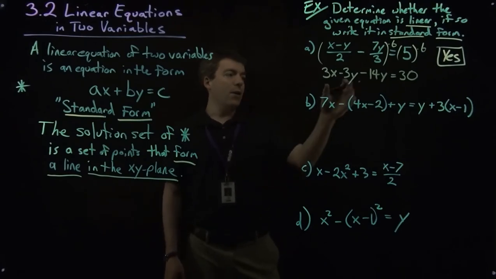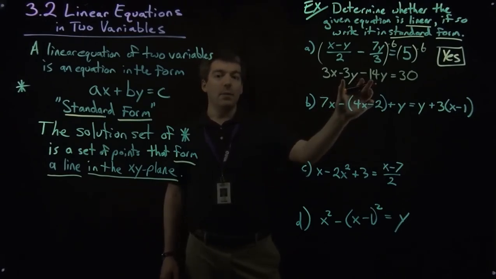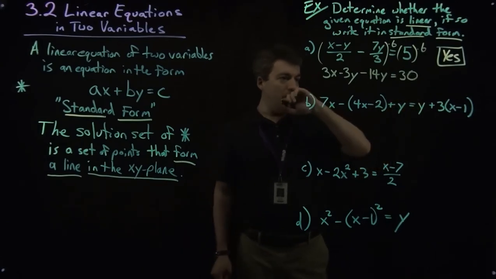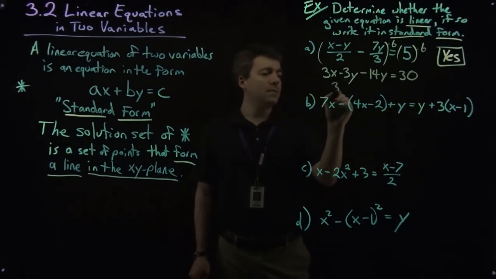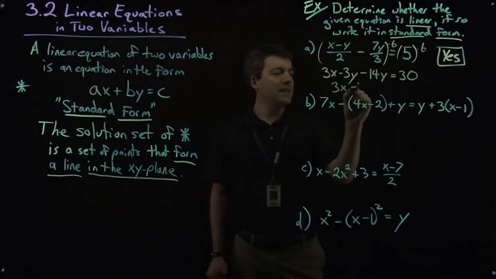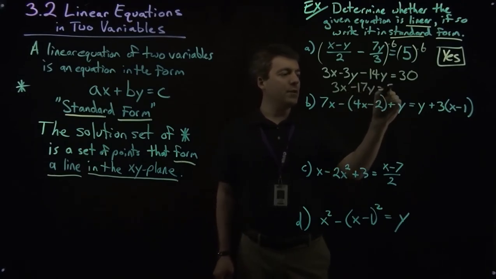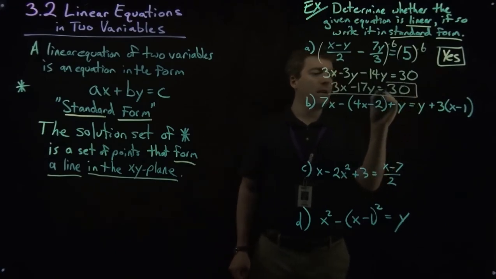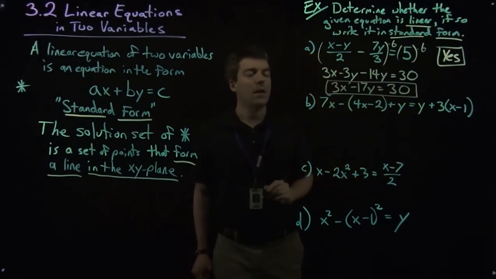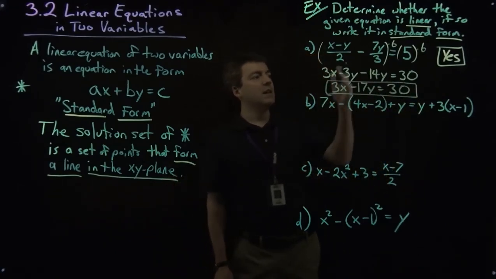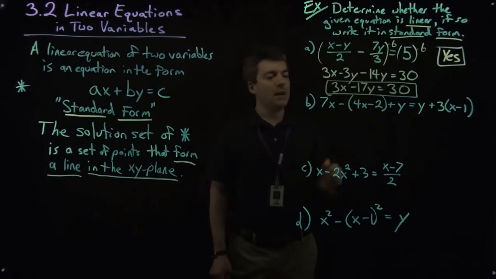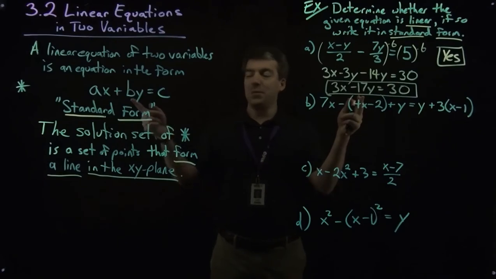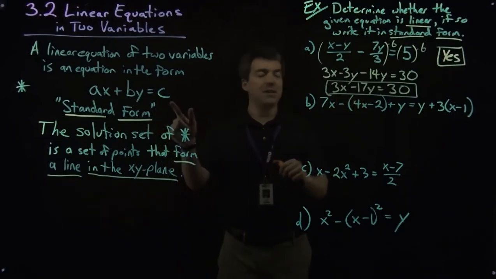Now all we have to do is take negative 3y minus 14y, which is negative 17y. So we have 3x minus 17y equals 30. So there is the standard form for this equation. The a would be 3, the b would be negative 17, and c would be 30.